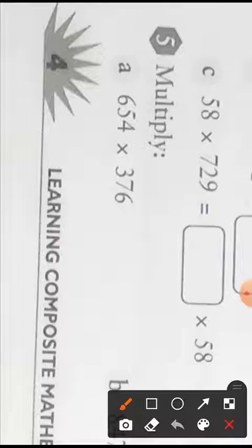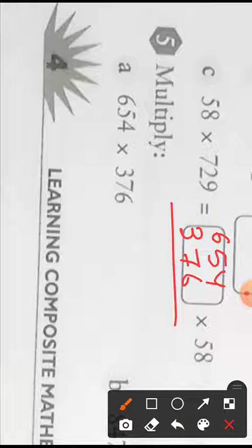We have to multiply 654 by 376. So how can we do this one? What we will do, we will multiply this 6 first.